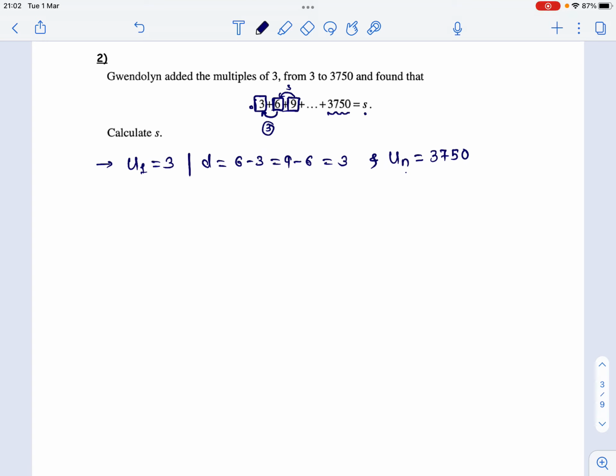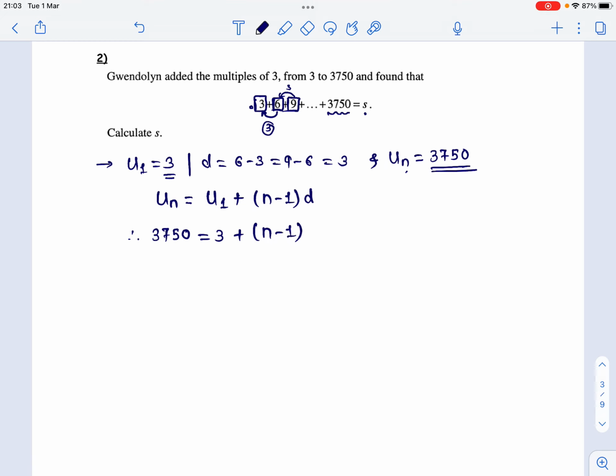So do not jump directly to find S. Find the nth value first. So again I am using the nth term formula, u1 plus n minus 1 times d, which is 3750, which is given here. u1 is 3 here. n we don't know.